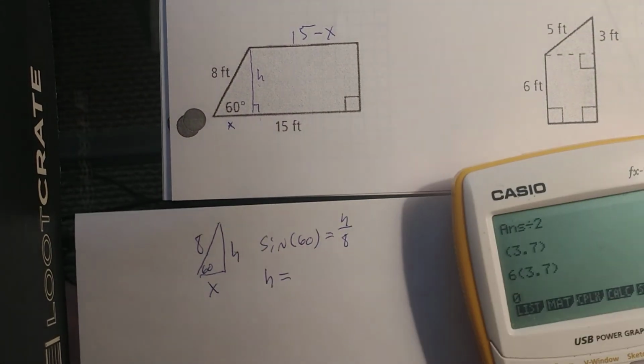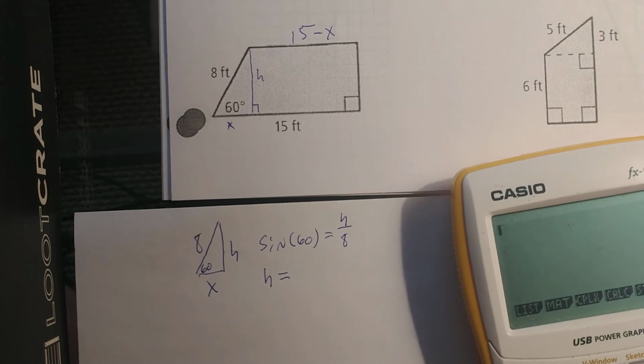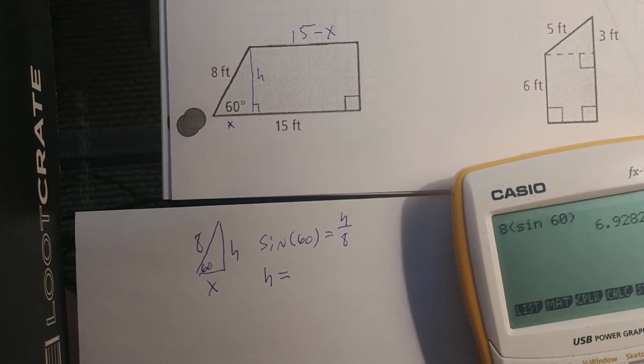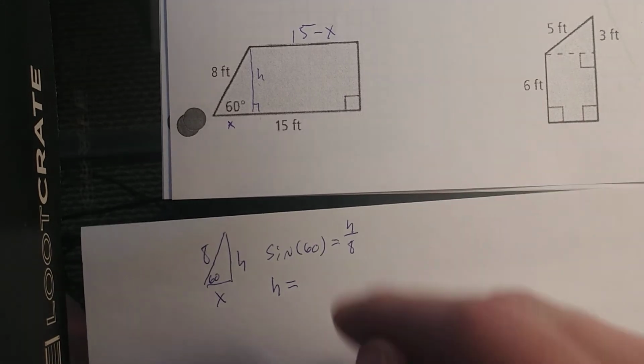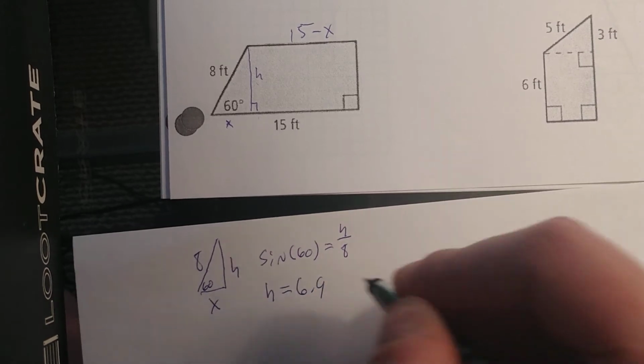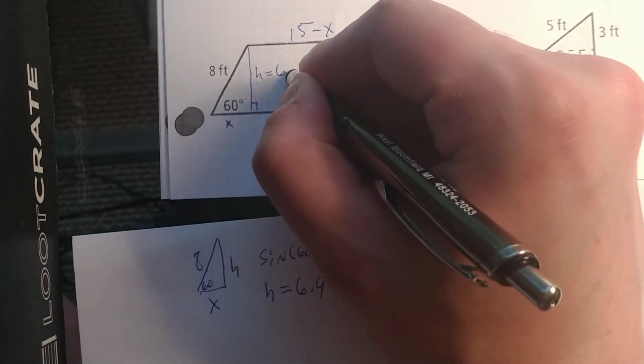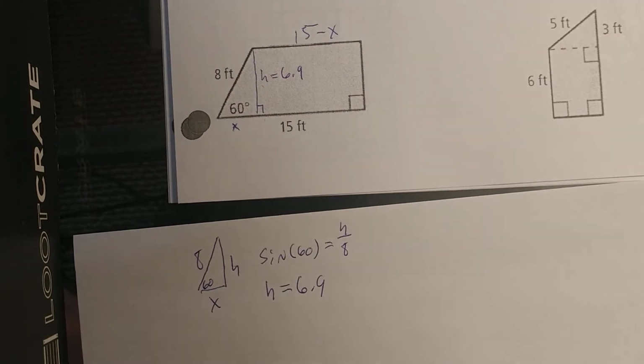So when I go over here, I know that 8 times the sine of 60 is about 6.9. So there's my height, 6.9. Just like that. Cool?